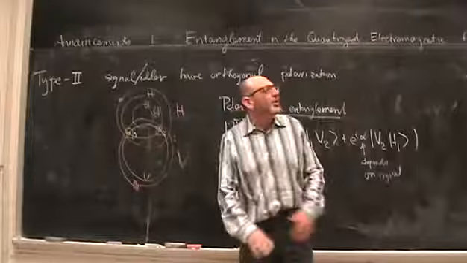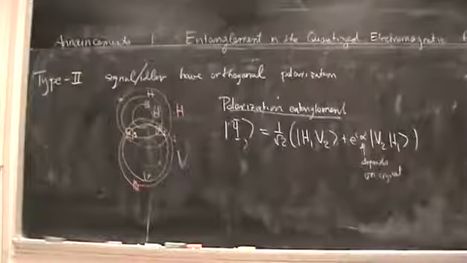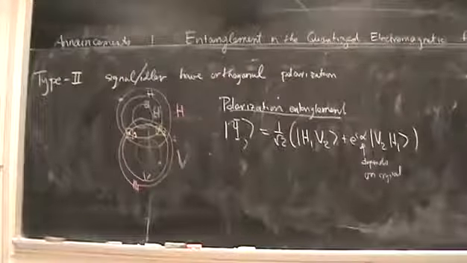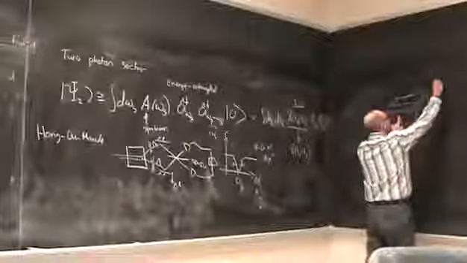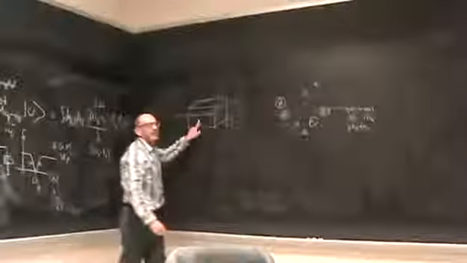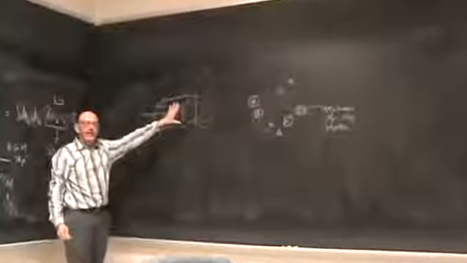Now, not quite. Well, maybe I'll say just briefly here. So all these photons here were, say, H-polarized. So it has no polarization entanglement.